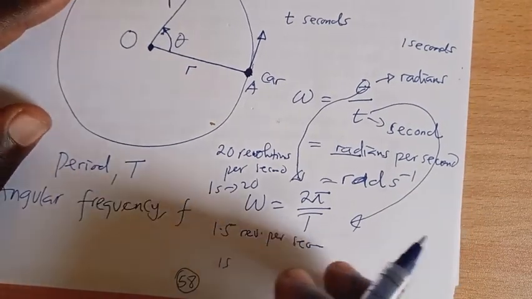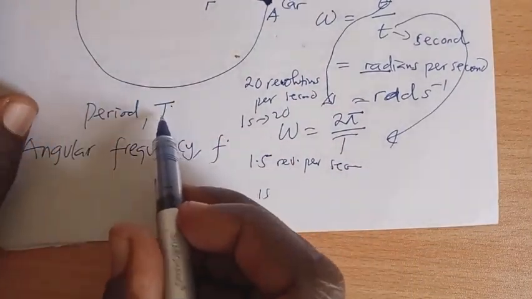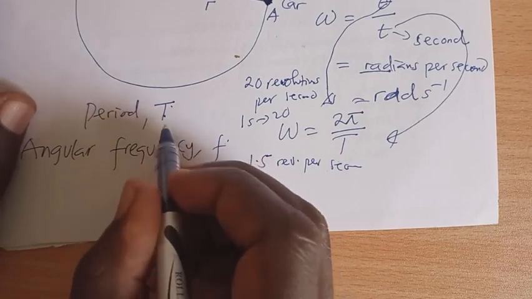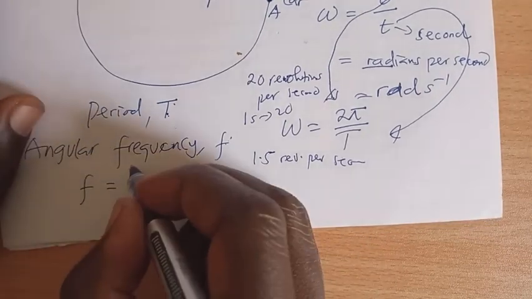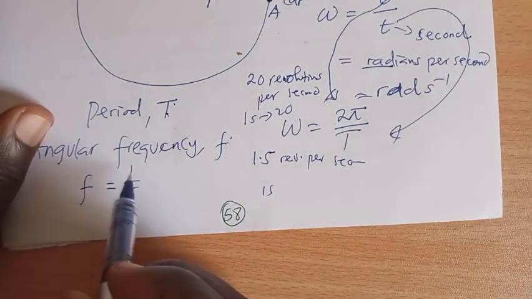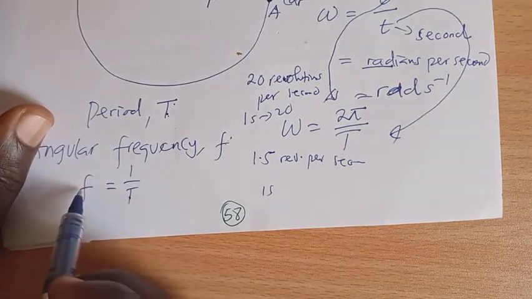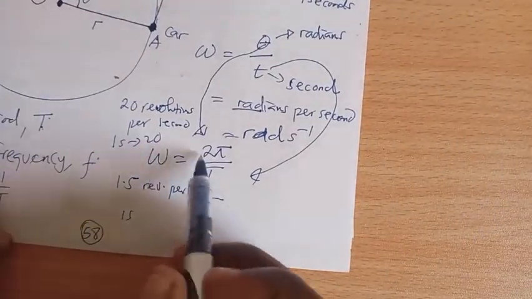Now the frequency and the period are related by a formula that says f is equal to the reciprocal of T. So if you know the period, then 1 upon the period will give you the frequency. Going back to this formula, we can transform it in another way.